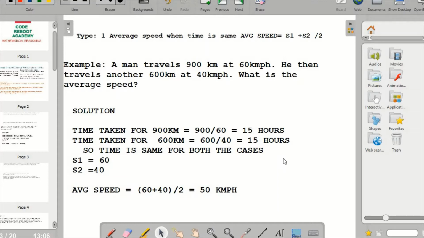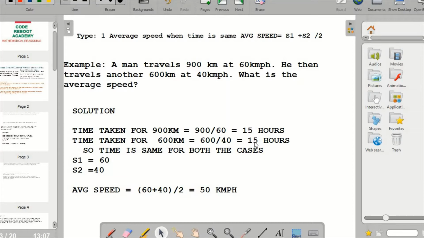Here the time of travel is the same. So we don't have to bother about the time. The time is same, so we have to consider only the distance and speed. So we have calculated it. A person travels 900 kilometers at 60 kilometers per hour, and the same person has traveled 600 kilometers at 40 kilometers per hour.